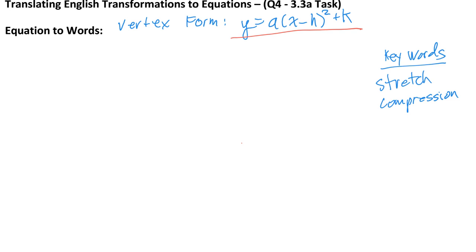Now, let us talk about some other concepts that we have to understand. So, for example, there is another word that we use to describe if a graph is flipped. The synonym for flipped in mathematics is called inverted.